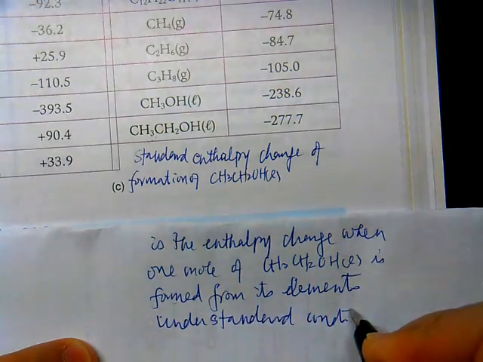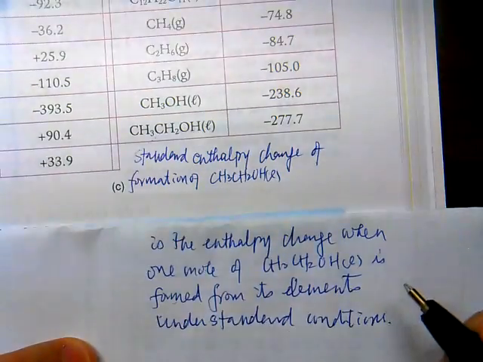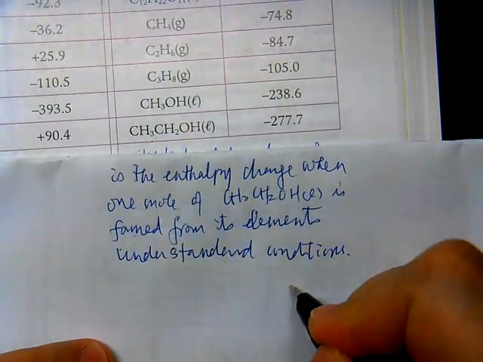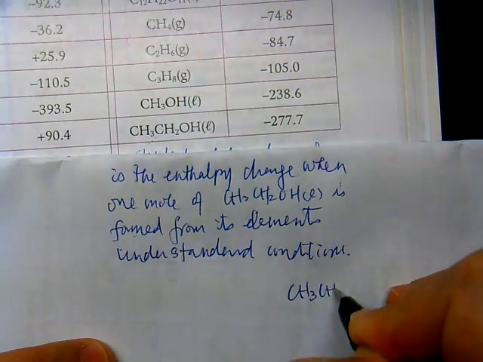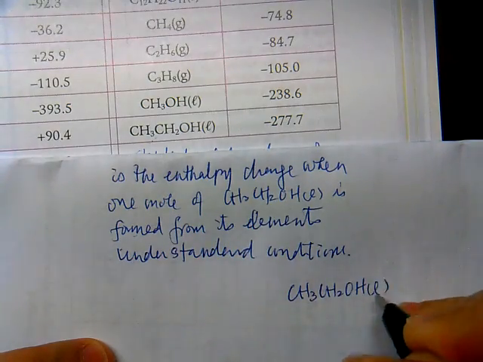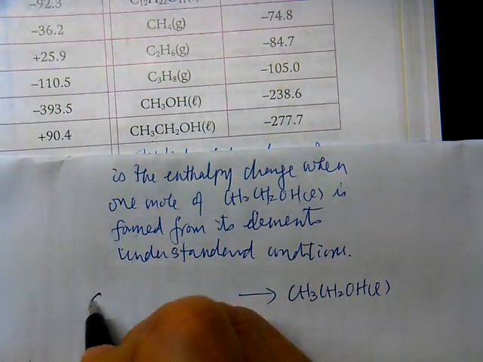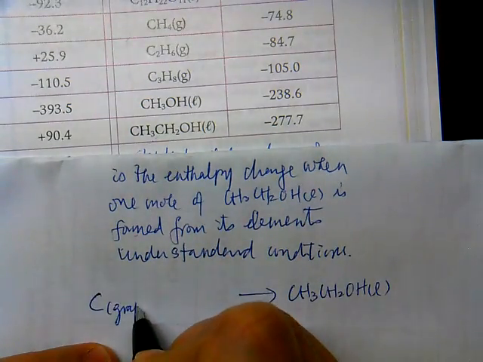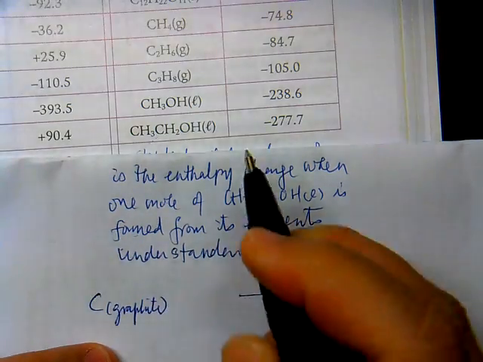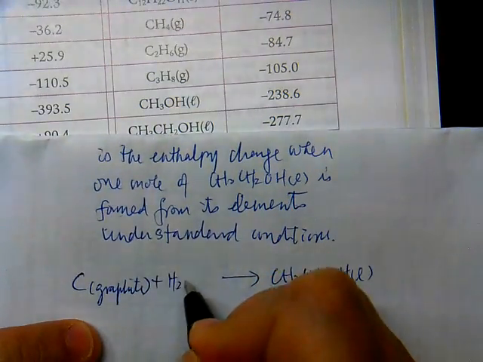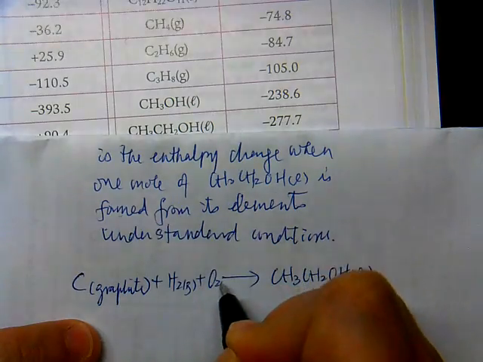Now make sure that you are able to write down this paragraph, this definition. Now write down the equation when 1 mole, remember, keep this number 1, and then from its elements. Graphite is its element, H2 and O2.